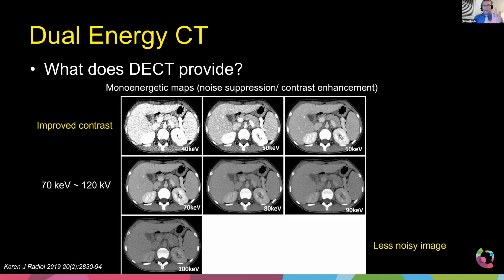What we can do to create these quote unquote monoenergetic maps is take a little bit of the low and a little bit of the high spectrum and blend them together. If we have a lot more low, then the image will look like the lower monoenergetic maps.